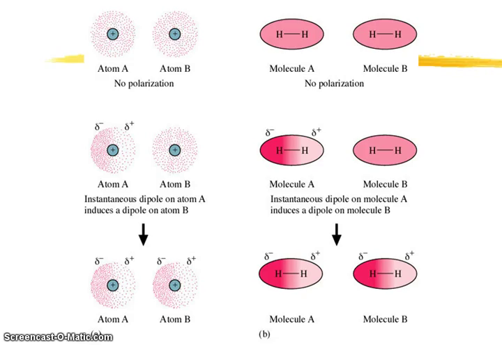For an instant, the electrons are piled up more on the left-hand side than on the right-hand side. That will make that molecule have an instantaneous dipole. And that instantaneous dipole in molecule A will induce a dipole in molecule B, because the positive end of the left-hand hydrogen molecule will attract the electrons in molecule B. And that attraction between those instantaneous dipoles is what we refer to as London dispersion forces.